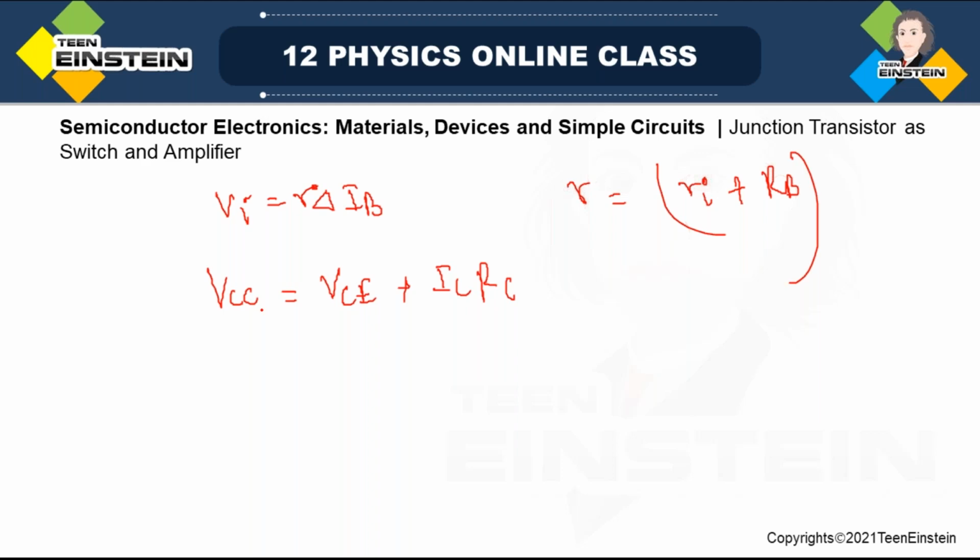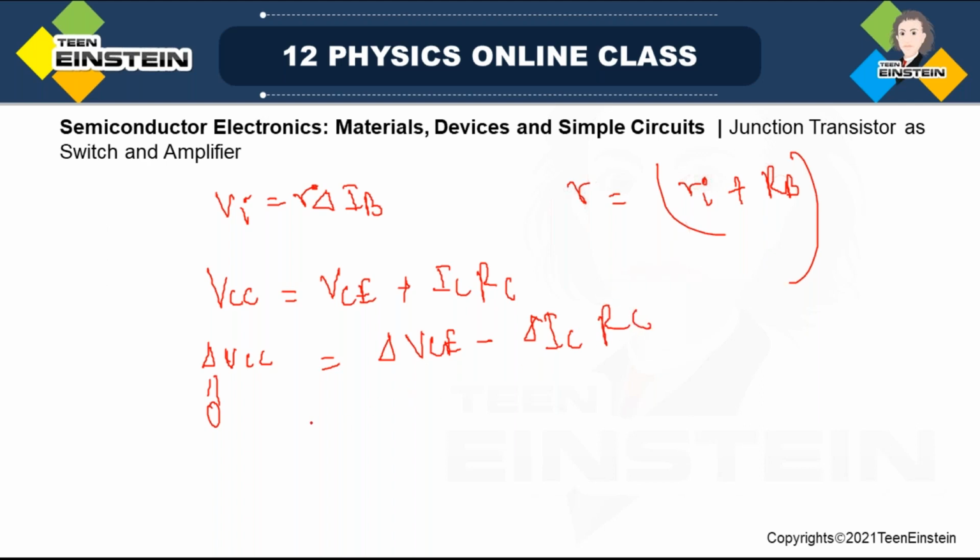So how do you get the output? If I just take the change in the output voltage, delta VCC is delta VCE, and this will be 0, and you will have minus delta IC into RC.